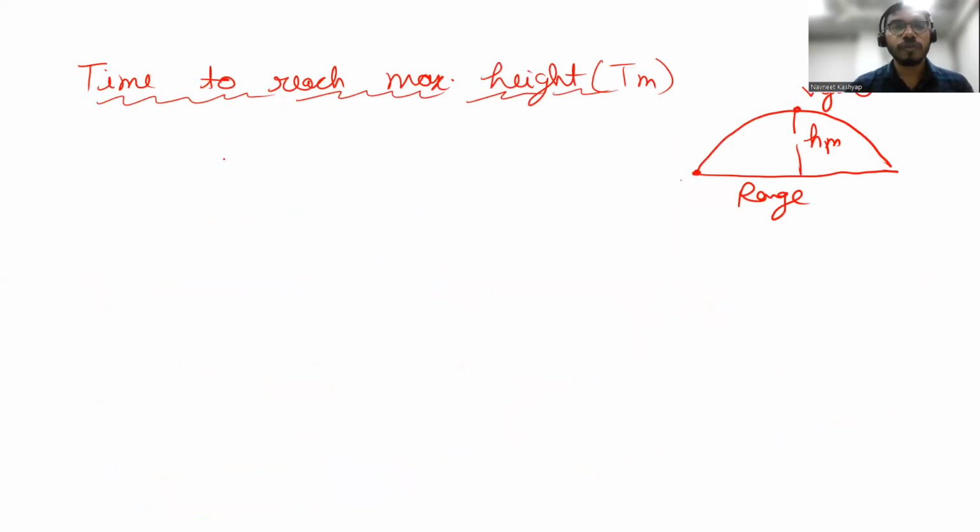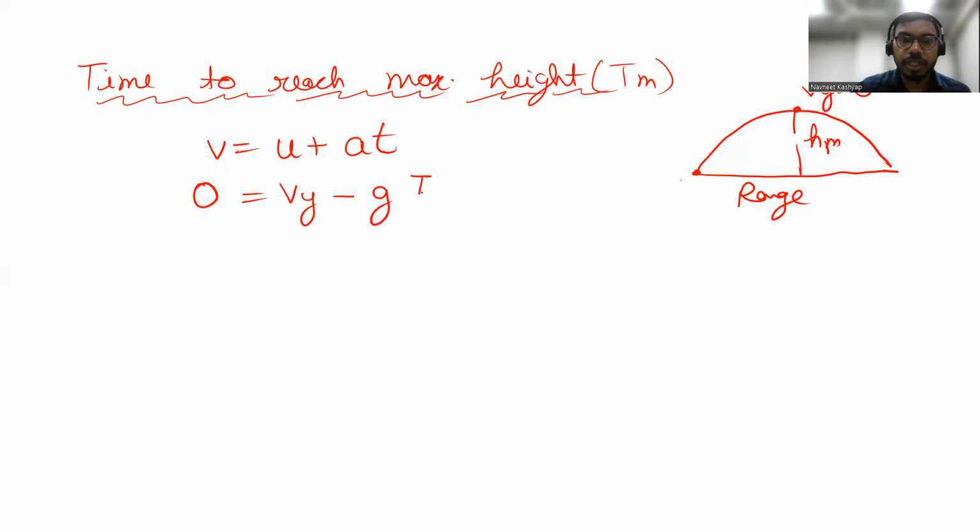So we can use the first kinematic equation for uniform acceleration, which is final velocity is equal to initial velocity plus acceleration times t. Final velocity, as you can see, is zero. u means the vertical velocity, that is Vy. a is negative g, and time is Tm that we want to find. This will give us time to reach maximum height is equal to initial vertical velocity divided by g.